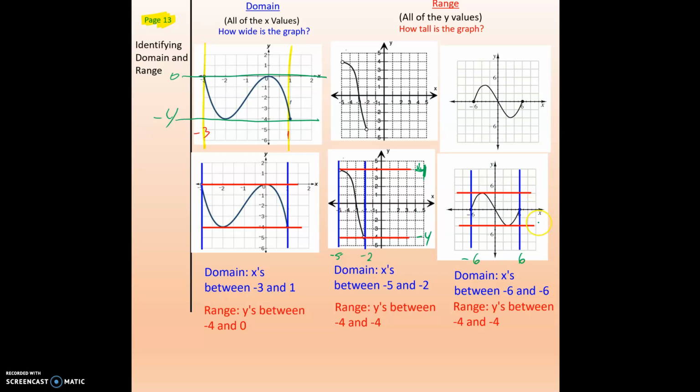When I first did this one, I was trying to say -2 on this, but when you look at the scale, it's going by twos. So this is -4 and that's +4. Oh, that's a typo over here. I just caught that. Ooh, silly, silly. That is a typo. And that is your domain and range with the graphs.